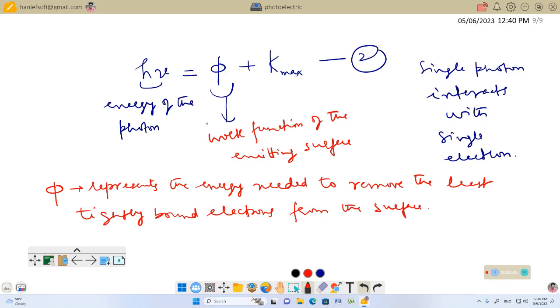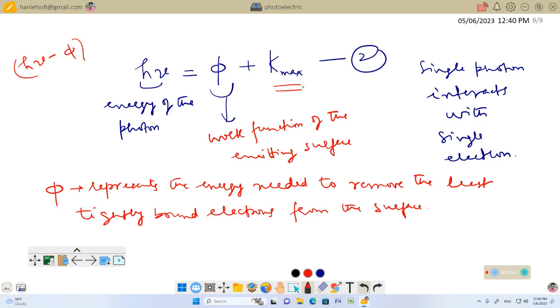So, part of this photon energy is first used in causing the electron to escape from the metal surface. It has to become free. Then the excess or remaining energy h nu minus phi becomes kinetic energy of the electron, which is K here. Here in this equation, K max represents the maximum kinetic energy that the photoelectron can have outside the surface.